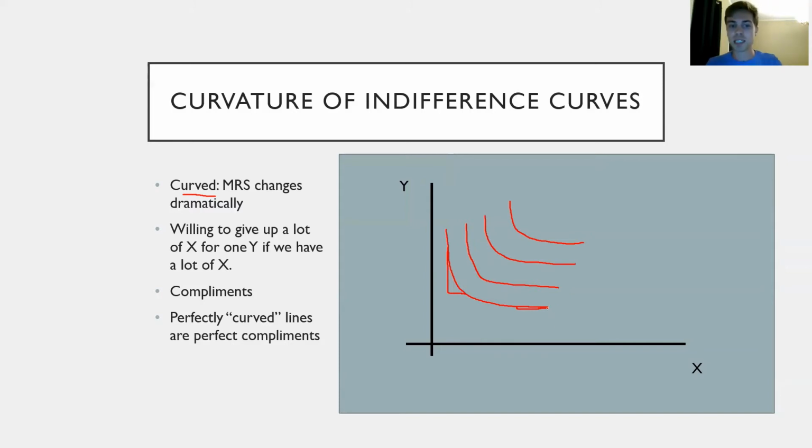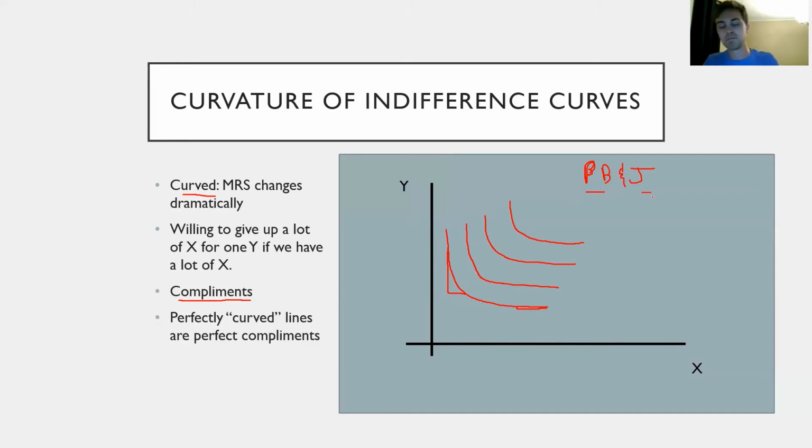And so basically this is telling us that how much we value x relative to y depends on how much x we have and how much y we have, right? And that's what we call complements. So we can think about peanut butter and jelly, PB and J. PB is one of the goods, J is the other.